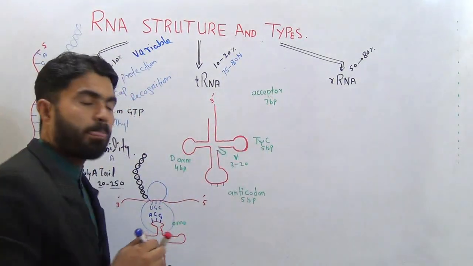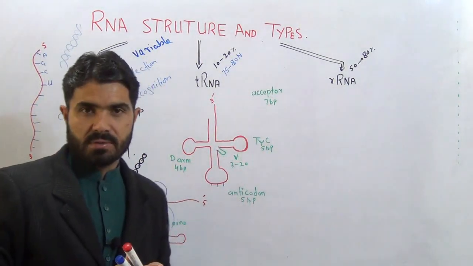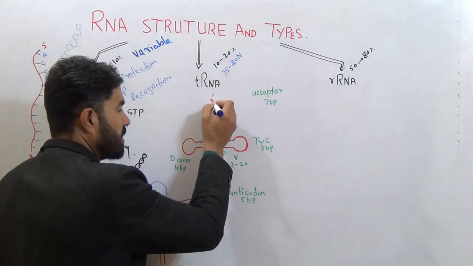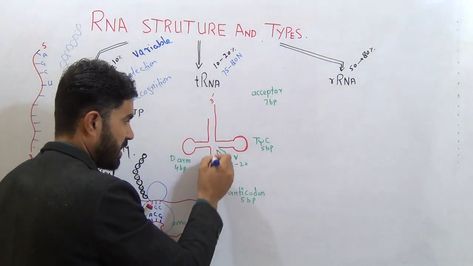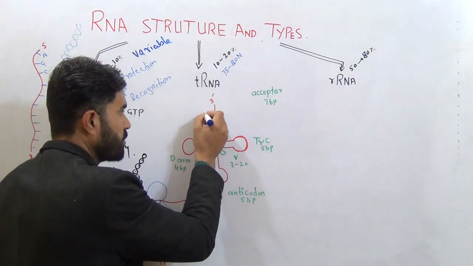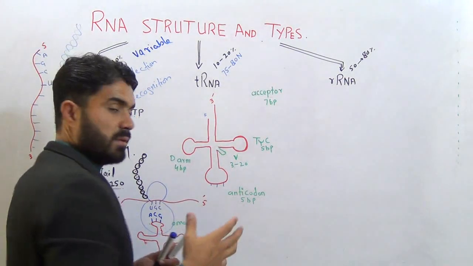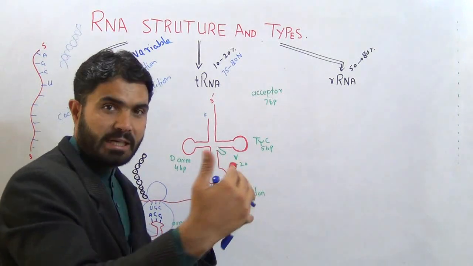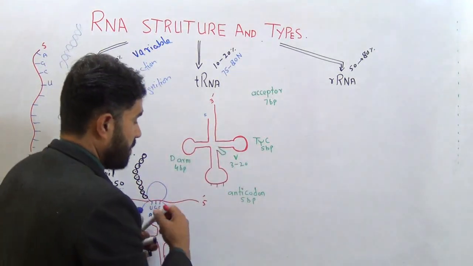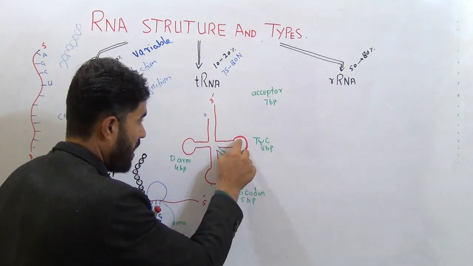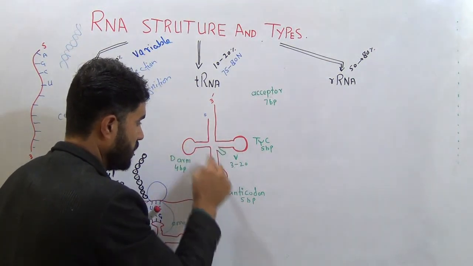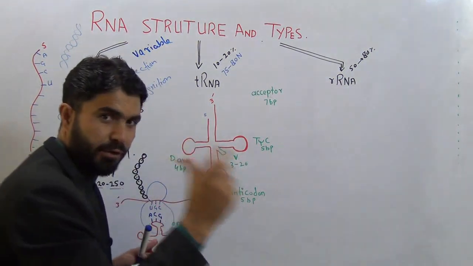It has 5 arms. If this is the 3 end of the transfer RNA, then of course this will be the 5 end, and a lot of nucleotide bases will be attached here, but we will focus on the arms. There is one arm, 2, 3, 4, and the last one is called the 5th arm.